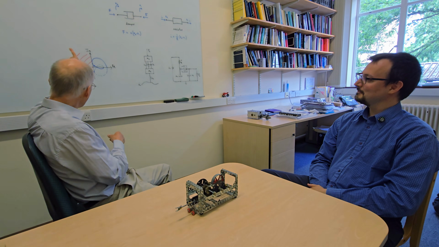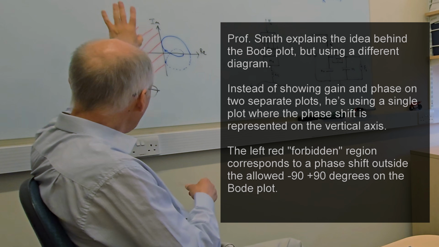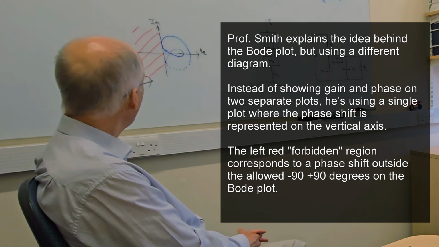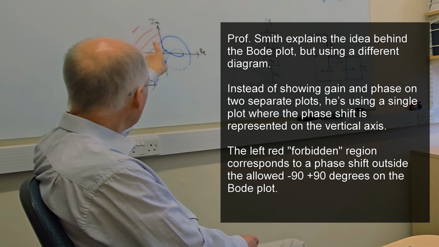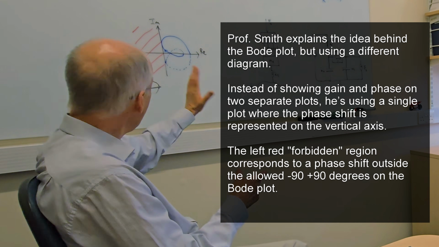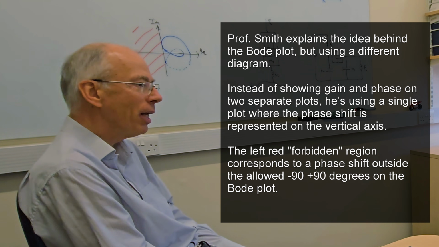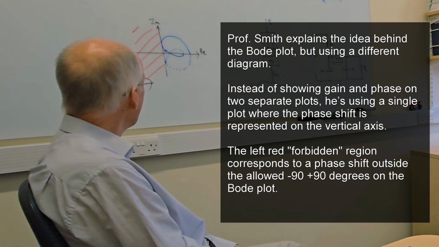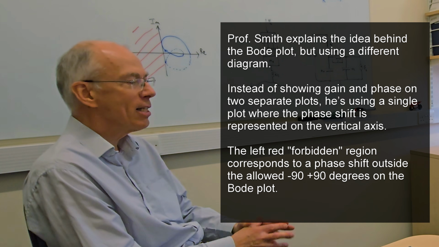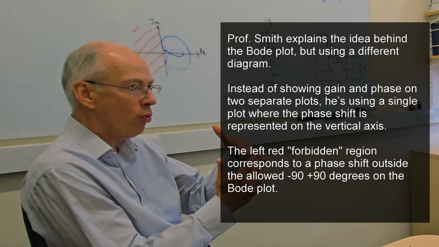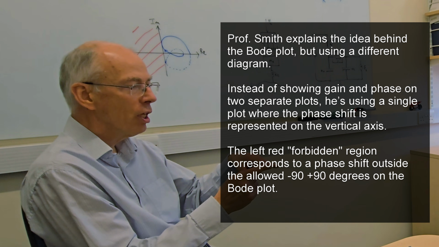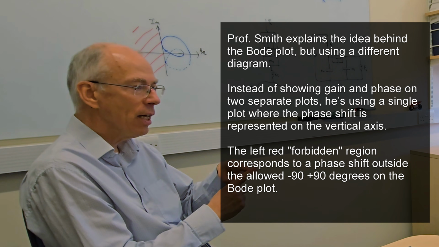In fact, this is a sketch of it. The red region is the forbidden region. So the complex impedance has to remain in the right half plane. Another way of saying it is that the phase difference between current and voltage must not exceed 90 degrees.